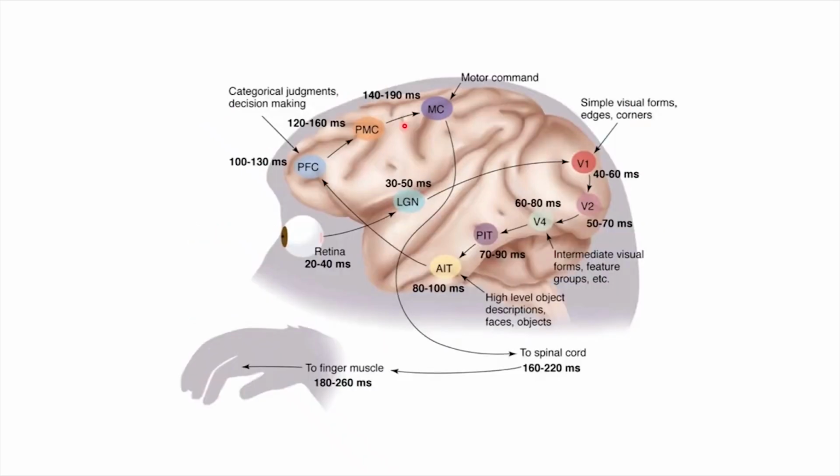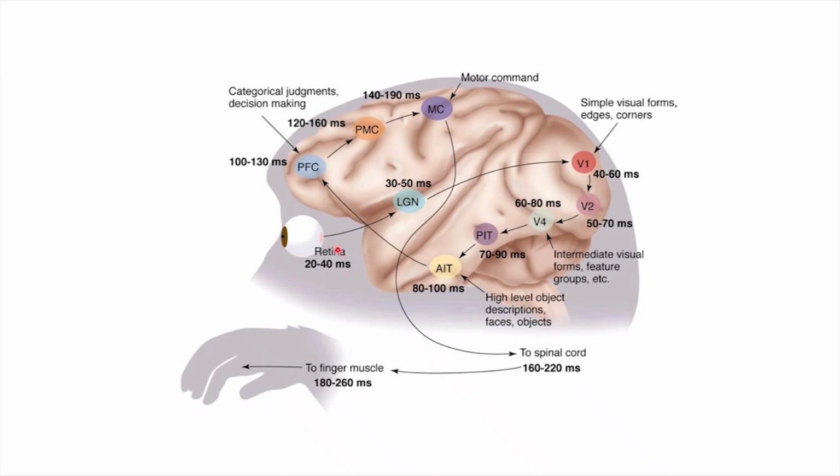There may be a lot of processing steps here that one can try to study experimentally. So let's say I look at a cup, and after looking at the cup, I raise my hand to lift the cup. Let's see what is going on in the brain during this simple process. The light from the cup falls on my eye, on my retina, and the processing within the retina can take 20 to 40 milliseconds.